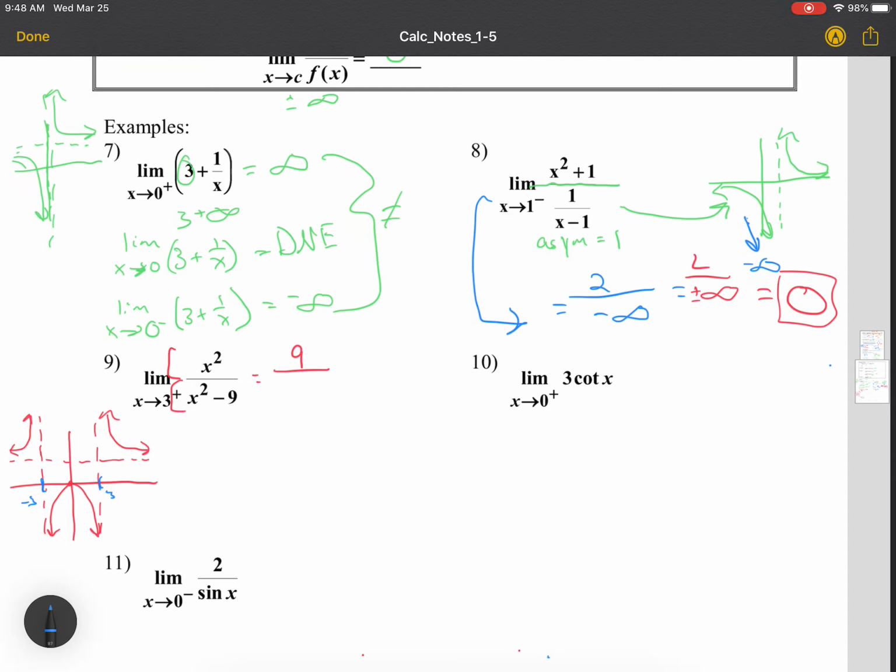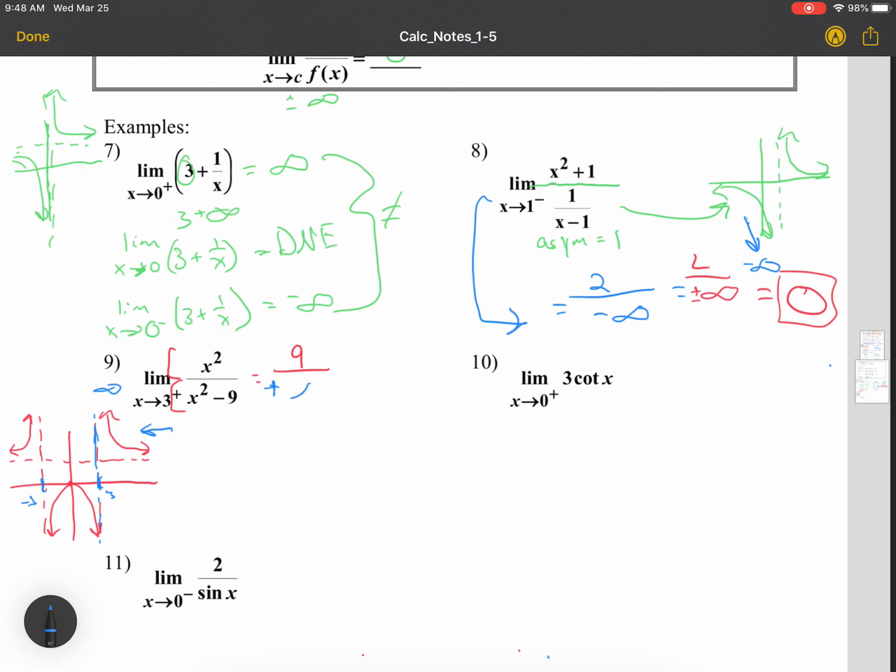So looking at the graph, as it approaches 3 from the positive side, we go up to positive infinity. This is that 3 line right here.